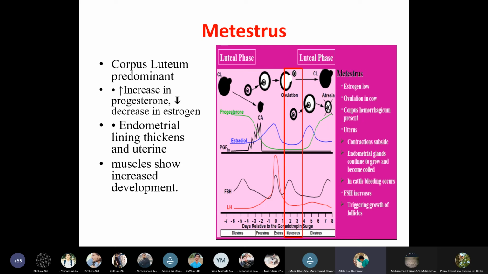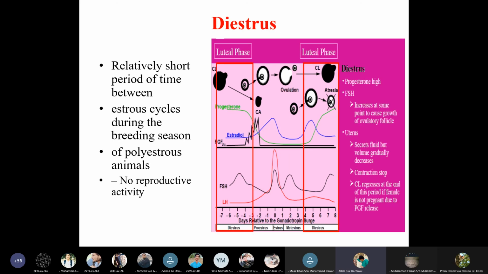In cattle, bleeding occurs in the metestrus. The follicle stimulating hormone increases, triggering the growth of follicles. So in the metestrus, the animal will show signs; in the cow, the bleeding starts, which is a sign of the end of the estrus period, and the metestrus has started.